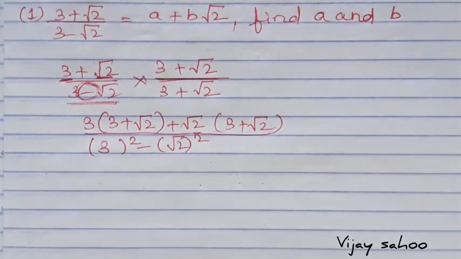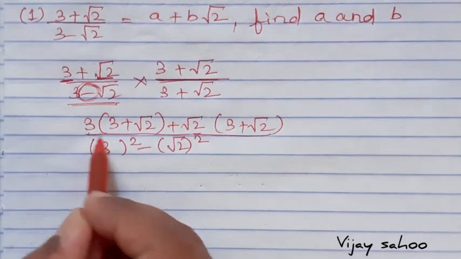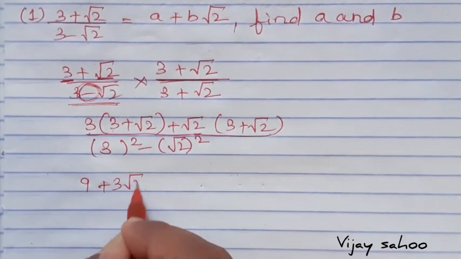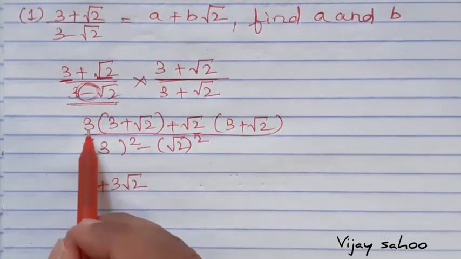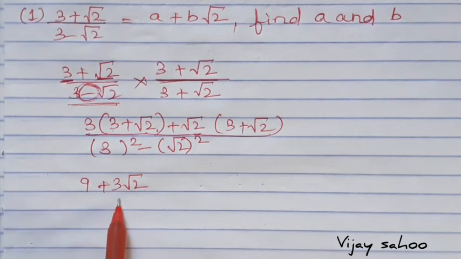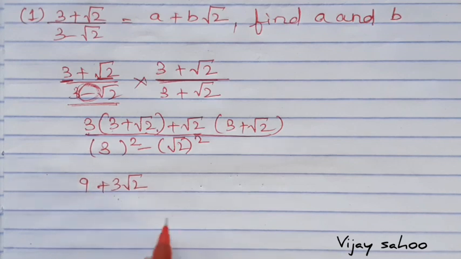Now we'll try to remove the brackets in the numerator. Now 3 into 3 is 9, plus 3 root 2. As we know that a root and a number will never be multiplied, so we'll keep it as it is, 3 into root 2.